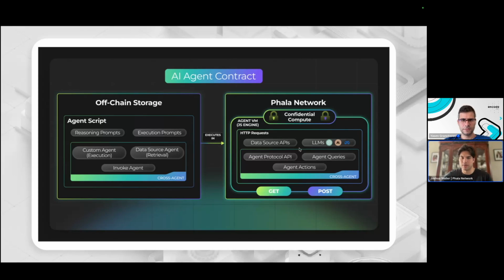I won't go into the details about this, but it's just a long-living virtual machine so that you can execute your script and communicate through GET and POST requests. So you can make HTTP requests to get data source APIs, so you can bring in data for your agent and connect to different LLMs. Like in the example I'll show today, I'll be connecting to OpenAI.